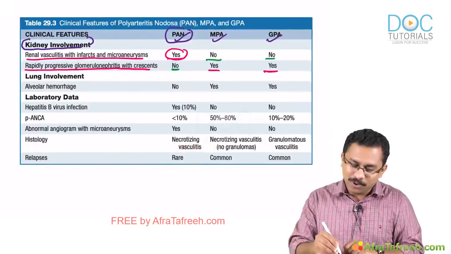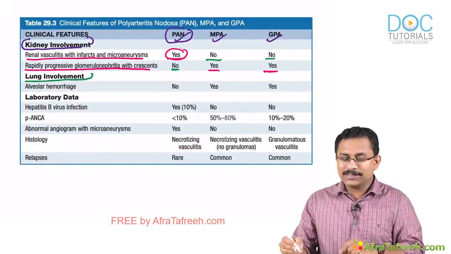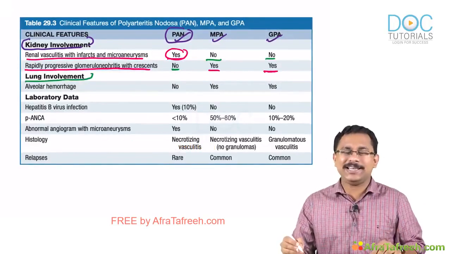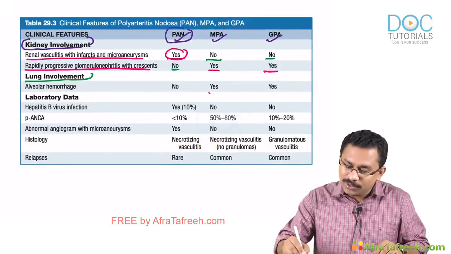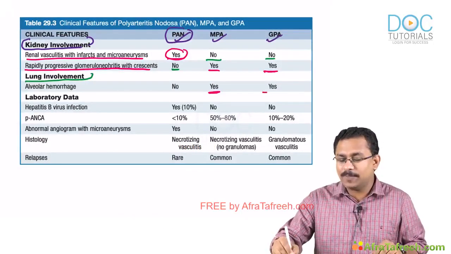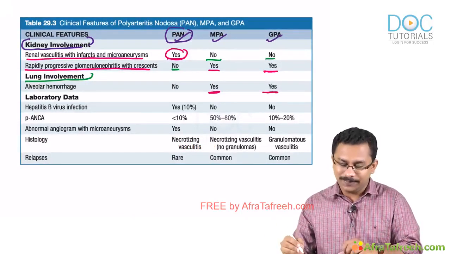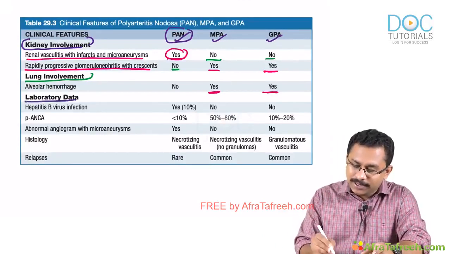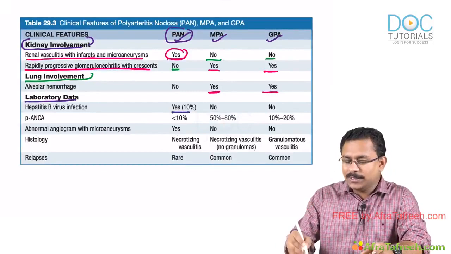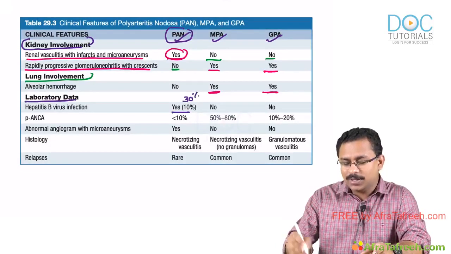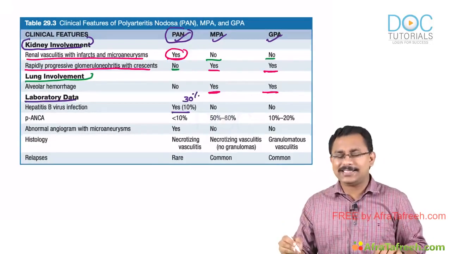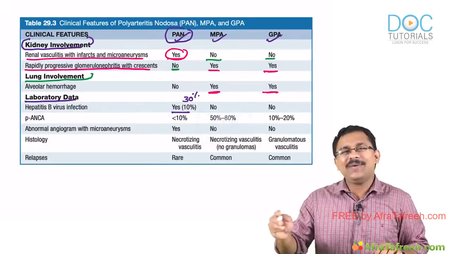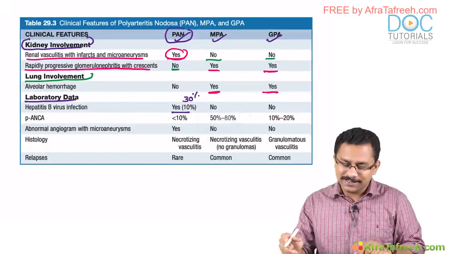What about the lung involvement? See, alveolar hemorrhage presentations can occur in both GPA as well as your microscopic polyangiitis. Very important. Hepatitis B infection can occur in PAN. So it is not 10%, you can correct it to 30%, that is the current latest data. And you will not be having a hepatitis B association in the other disorders.